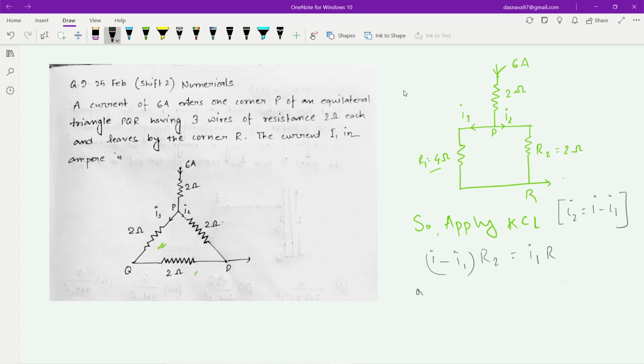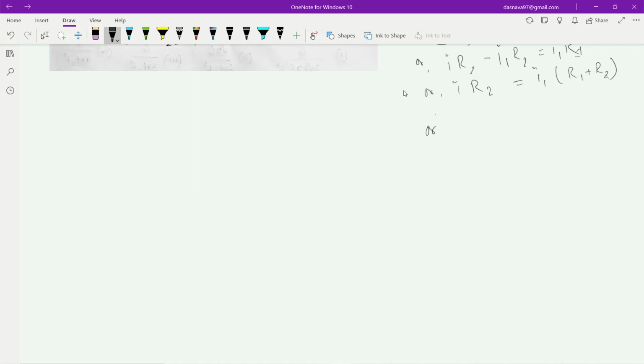So I R2 minus I1 R2 equals I1 R1, or I R2 equals I1 times (R1 plus R2), right? Or we can write I1 equals R2 by (R1 plus R2) whole into I.